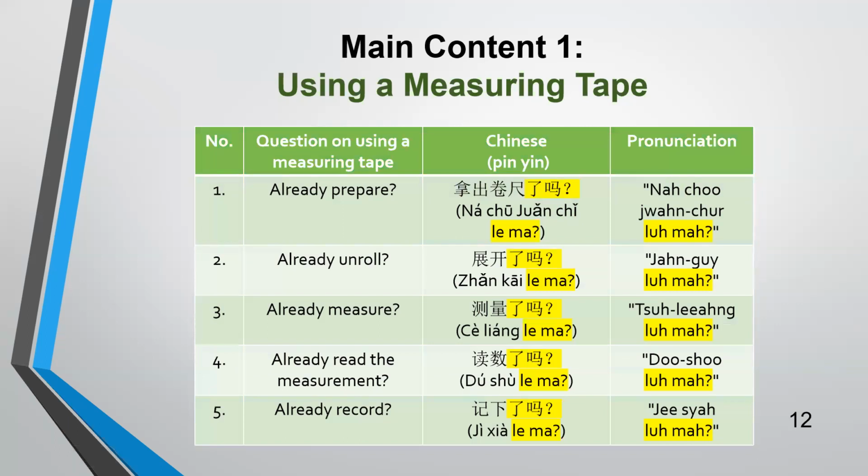Then we proceed with another set of questions. Alright? So you want to ask, have you already prepared the measuring tape or not? 拿出卷尺了吗? It's not "ke tak nak". 卷尺. 拿出卷尺了吗?